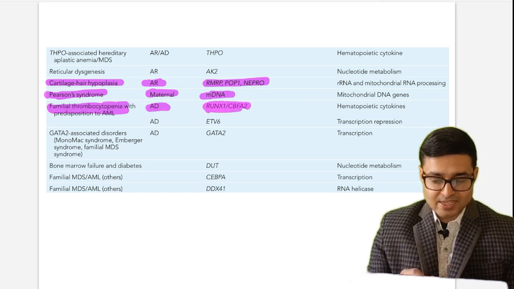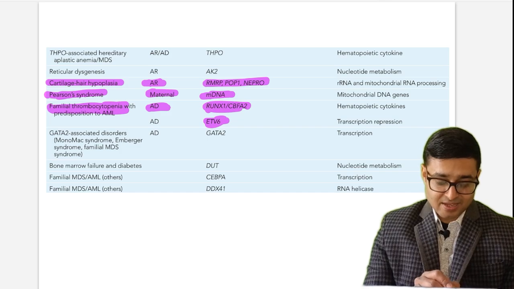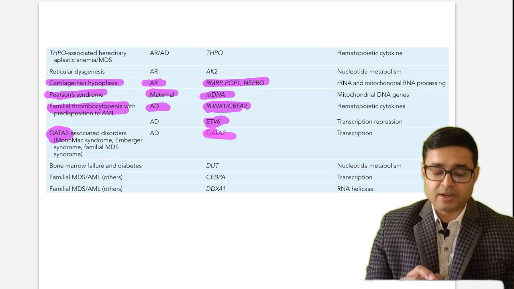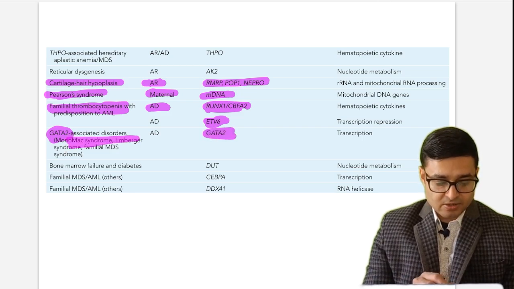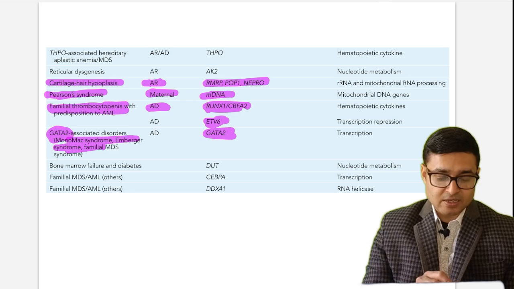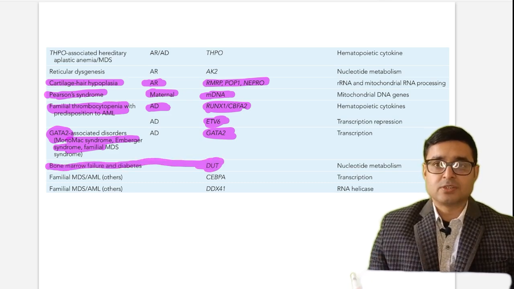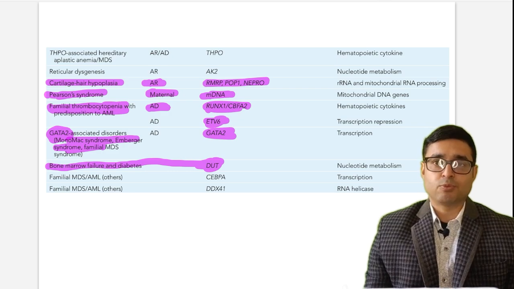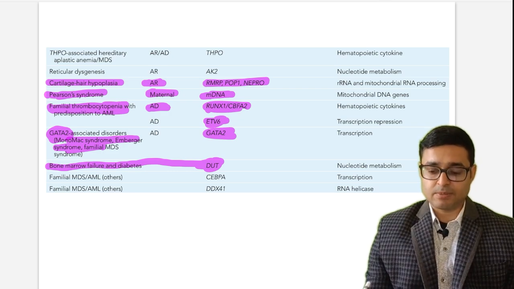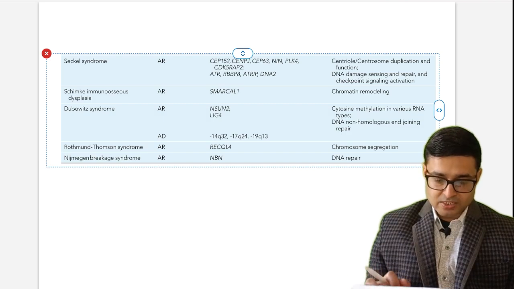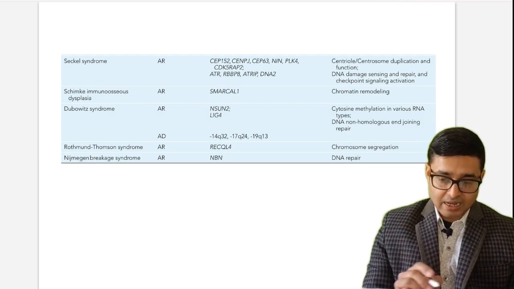These two genes have been previously asked. And at the bottom of this slide are GATA2 associated disorders. GATA2 is self-explanatory and these are the disorders. And bone marrow failure with diabetes has the gene DUT. So just remember these highlighted points in this busy table. Okay, next, again, as we can see, this is another table containing Sickle syndrome.